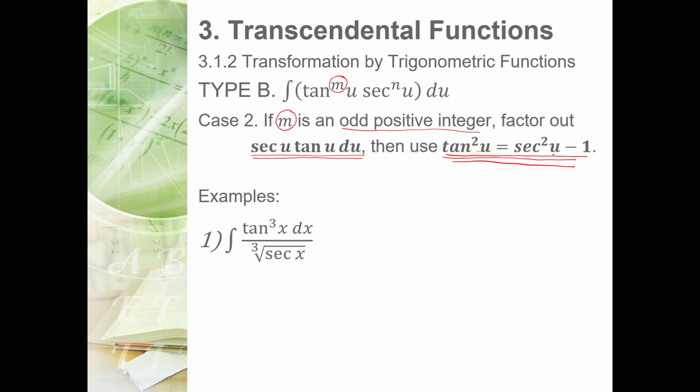Earlier in case number 1, we observed that the exponent of the secant function should be even and positive. This time, in case number 2, the exponent for the tangent function should be odd and positive.